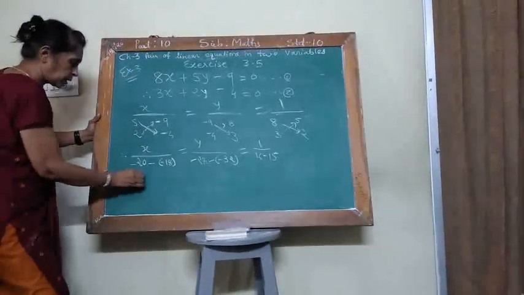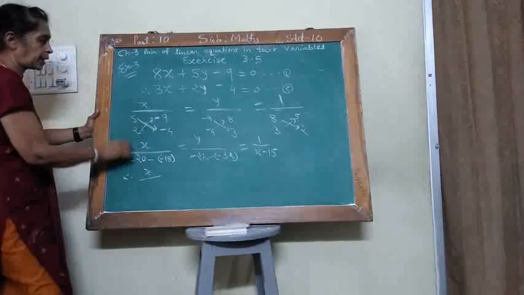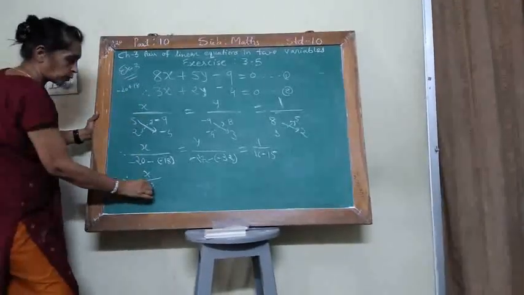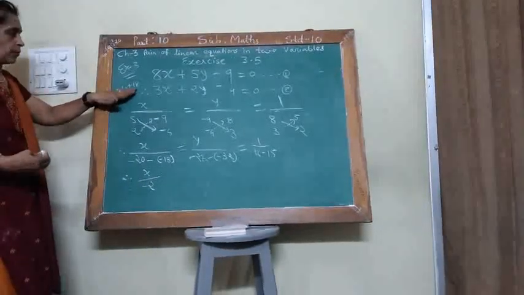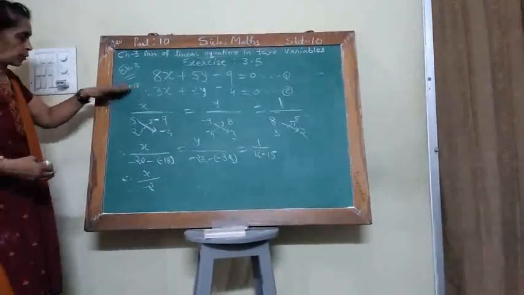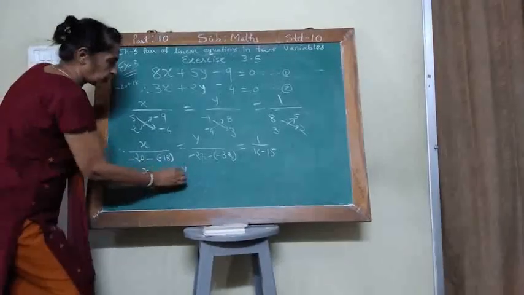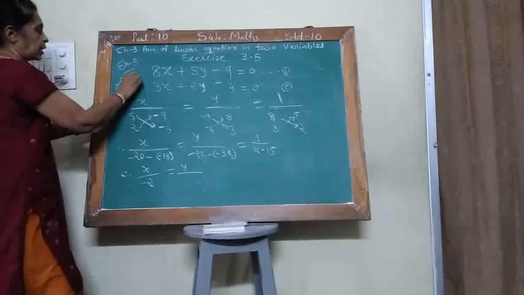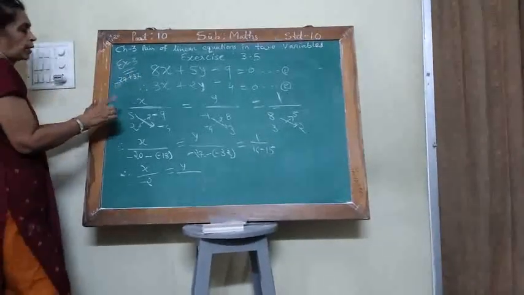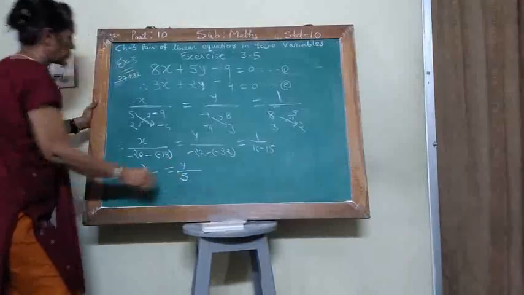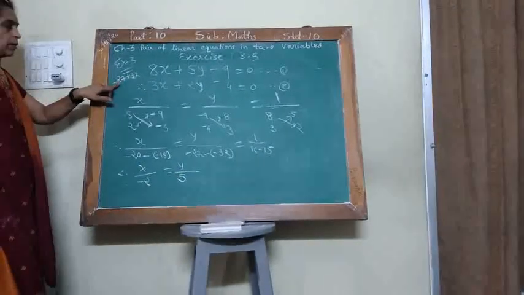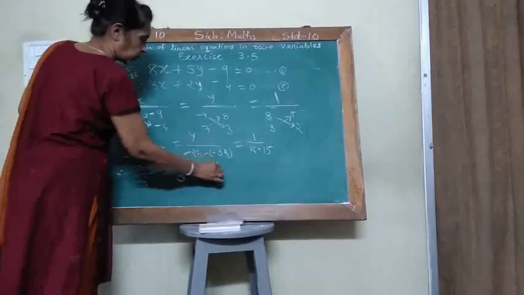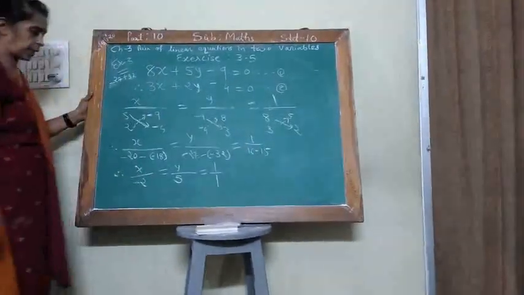And therefore x upon minus 20 plus 18, minus 2. Simplify in your rough work. That is equal to y upon minus 27 plus 32, that is 5. Then it is equal to 1 upon 16 minus 15, which is 1.